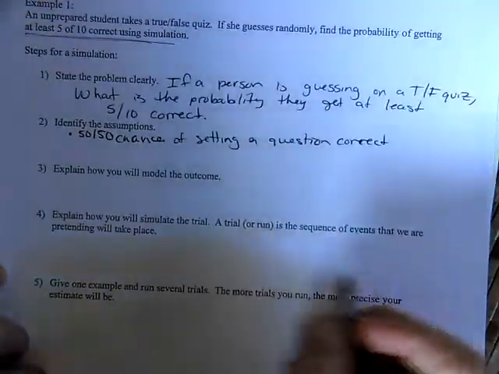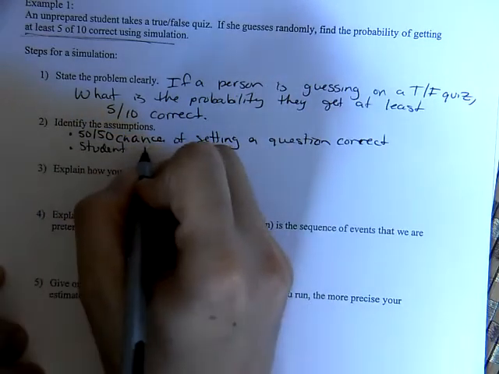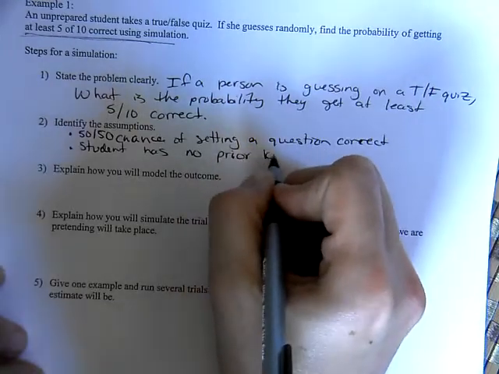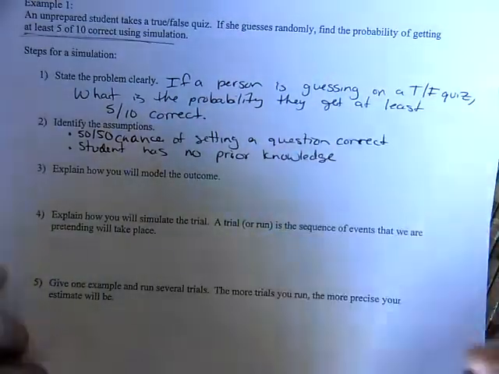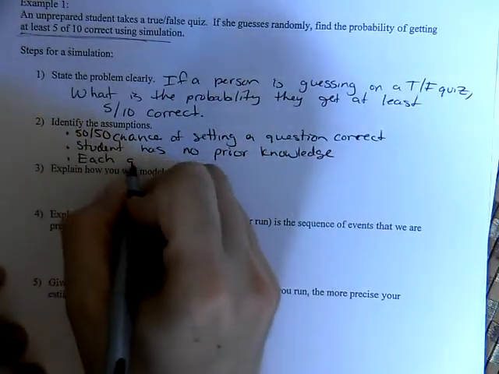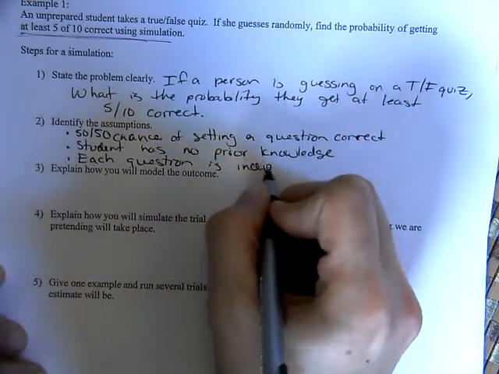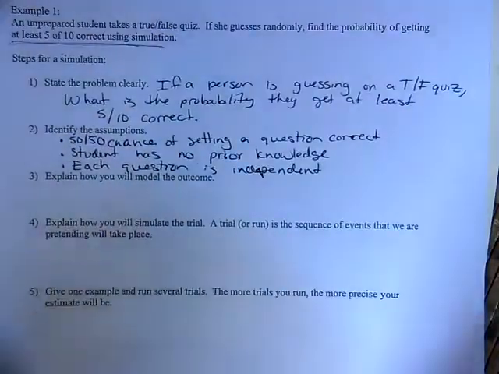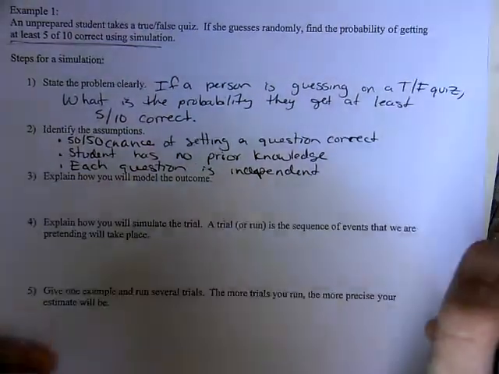So, what that means is we're going to assume that the student has no prior knowledge, they're just blankly taking a true-false quiz. And then we're also going to assume each question is independent. So she's not going to say, okay, number one, I don't want to do all false, or I don't want to do all true. We're just going to assume each one's independent.